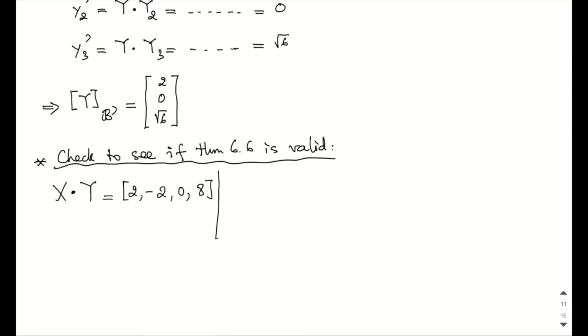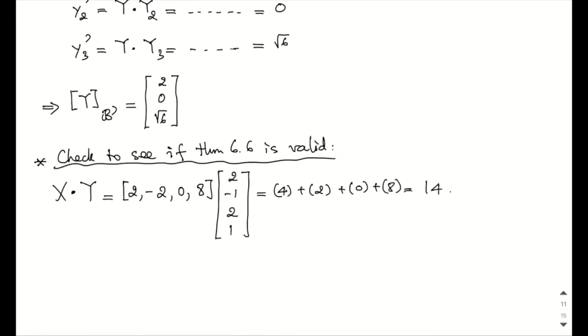Y is the vector of 4 entries, 2, -1, 2, and 1. So when you dot the 2 here, you're gonna get 2 times 2, which is 4, then -2 times -1, which is 2, and then 2 and 0, that is 0, and then 8 and 1, which is 8. You sum them up, you get 14.